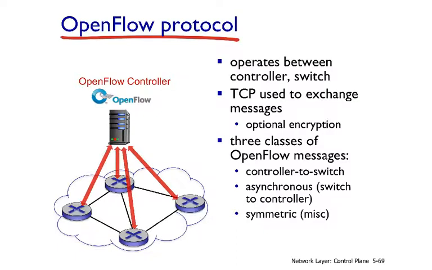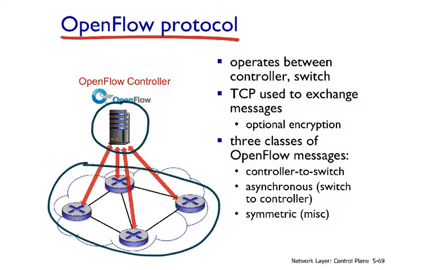So we normally represent this picture: we have the centralized controller, the network graph, and a link connecting each switch, each node, with the controller. Normally the TCP protocol is used to exchange messages, with optional encryption.